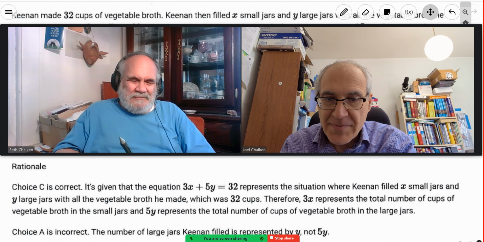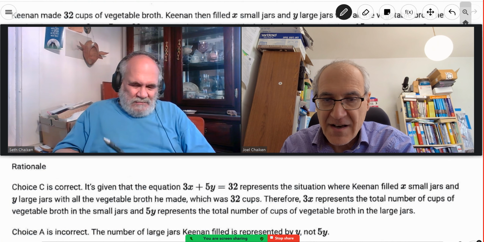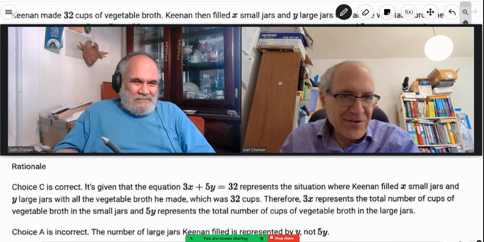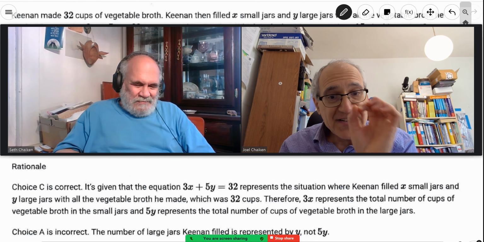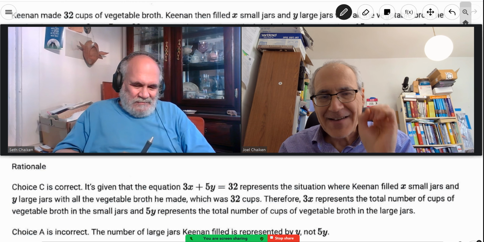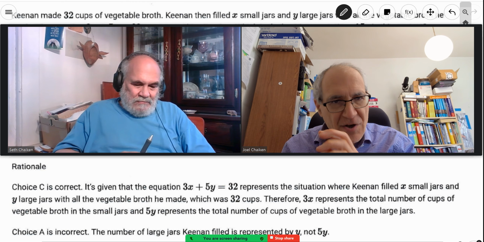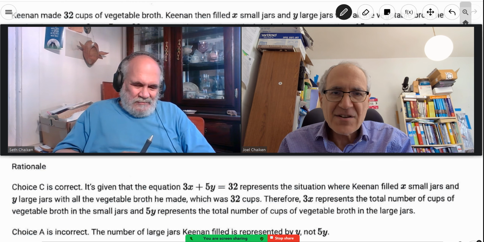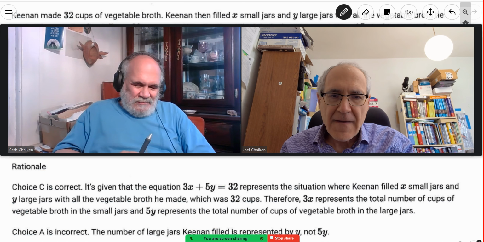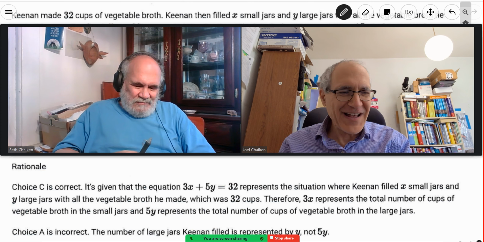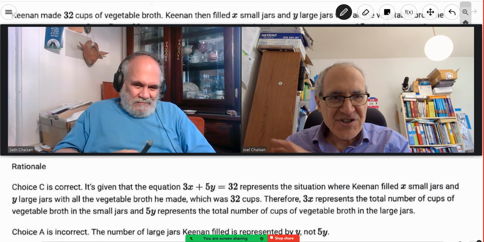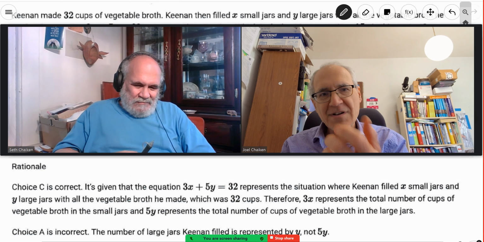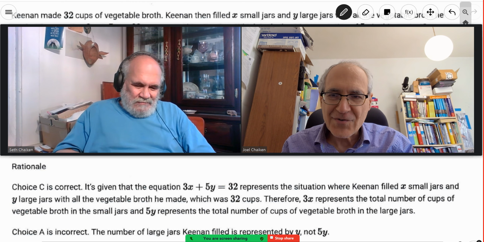The answer, because 5y is sitting there at the same level as the 32 is, the units of 5 times y has got to have the same units as 32. So the only 2 answers that have cups as their units are C and D. You could do a lot of good in a problem really figuring out what some of the answers are by just looking at the units. And we've been talking about that for years, literally years.